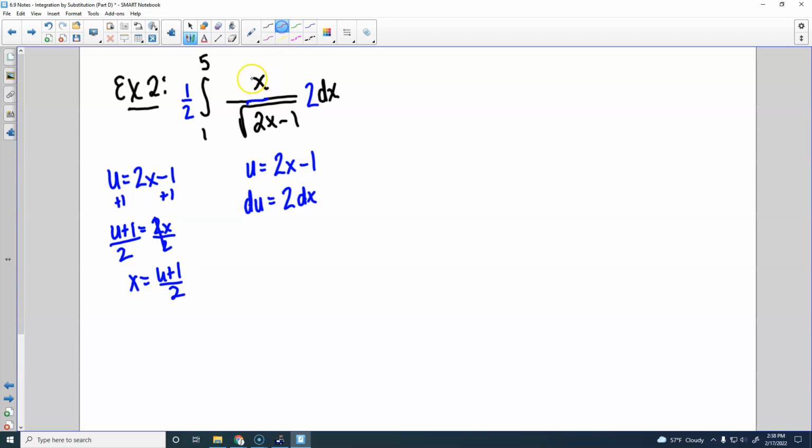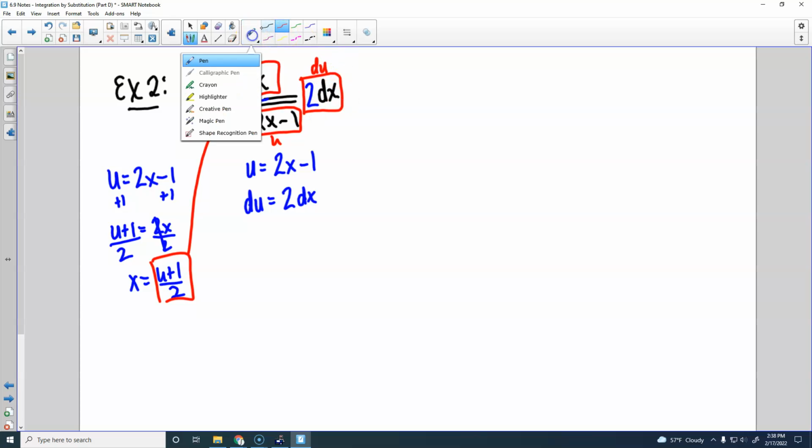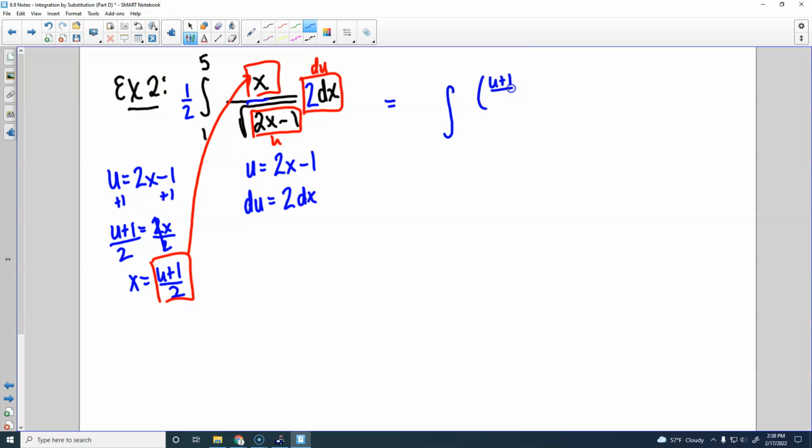So if we're plugging everything in, we're going to plug in this u plus 1 over 2 for my x. This piece right here is my u, and this piece right here is my du. So it will look like this: u plus 1 over 2, with 1/2 out here, and then square root of u du.